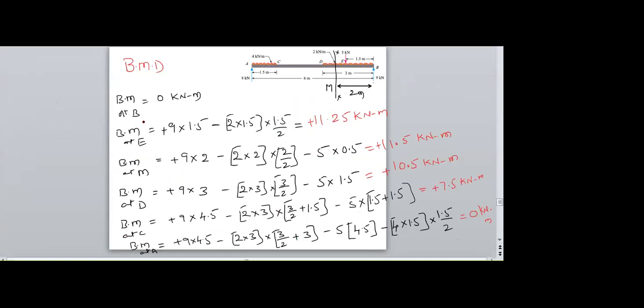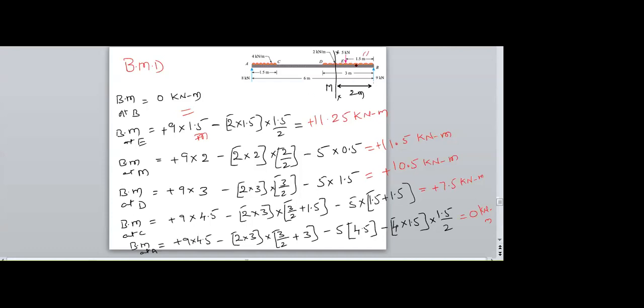So for the bending moment diagram at B, because there is no perpendicular distance, 9 into 0 becomes 0. So directly 0. And at E, some UDL is acting here whose length is 1.5. Therefore, 9 into the distance 1.5, because B to E the distance is 1.5.